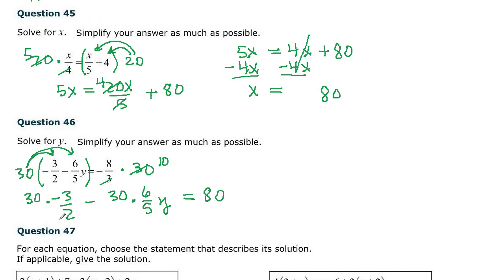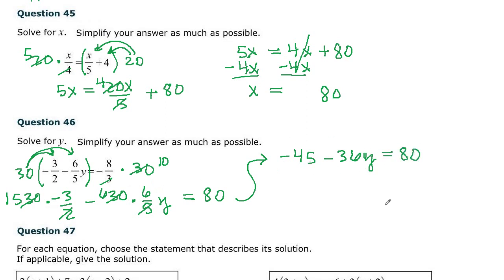And then here, 2 will go into 30 15 times. And then here, 5 goes into 30 6 times. So if we bring this up here, 15 times 3 is 45, and it is negative. So -45 minus 6 times 6 is 36 times y. And equals 80.